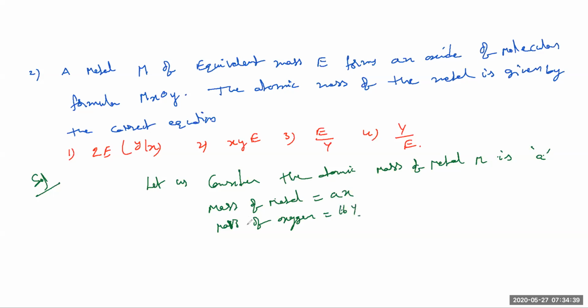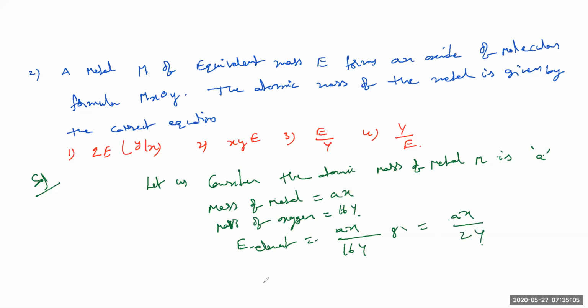So we know the formula: equivalent mass of element is equal to mass of the element, that is ax, over mass of the oxygen, 16y, into 8. That becomes ax by 2y.